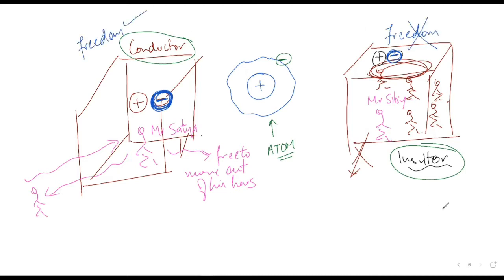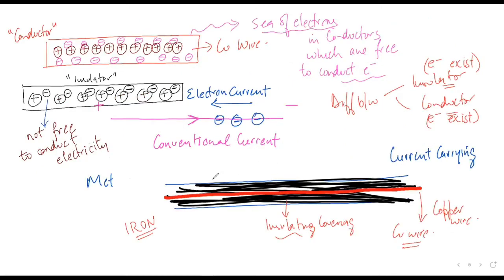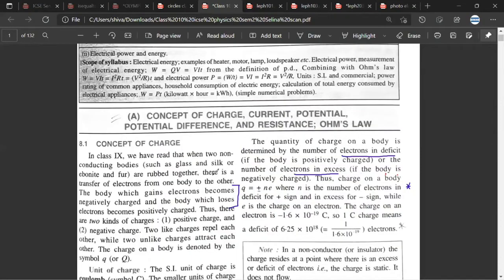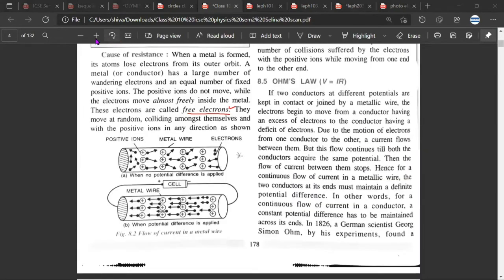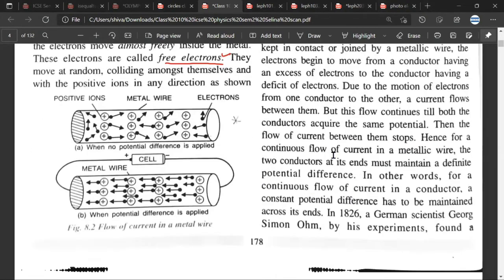No doubt, sir. So this is what is happening in a copper wire. I'm just starting with the absolute basics of electricity. This is a rough model of how a copper wire looks. Mr. Satya, can you see? Yes, sir. So Mr. Satya, these are free electrons.